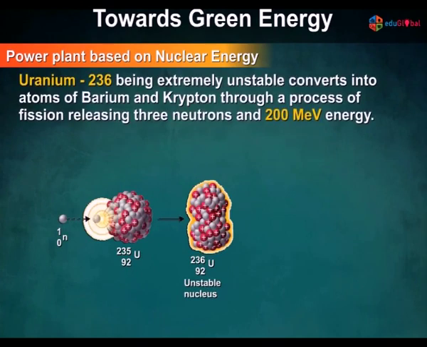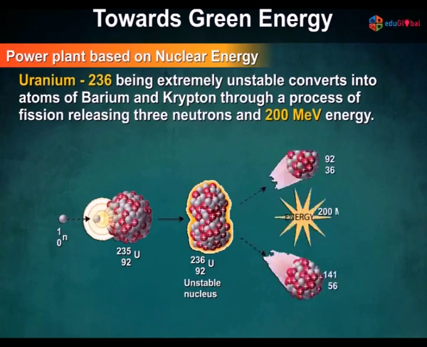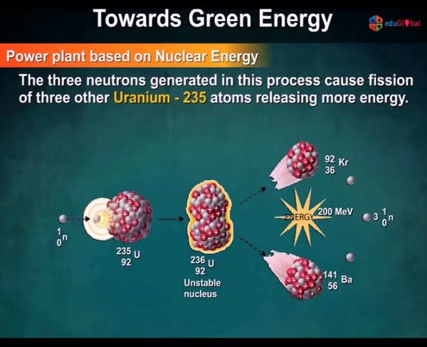Uranium-236, being extremely unstable, converts into atoms of barium and krypton through a process of fission, releasing 3 neutrons and 200 mega-electron-volts of energy. The 3 neutrons generated in this process cause fission of 3 other uranium-235 atoms, releasing more energy.